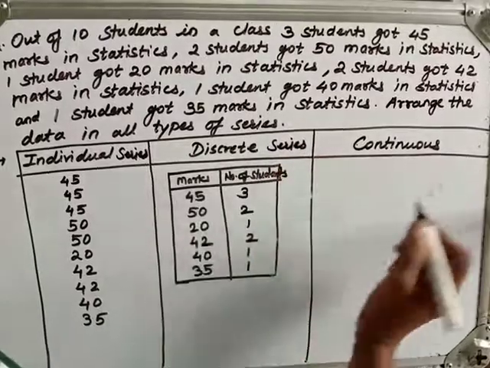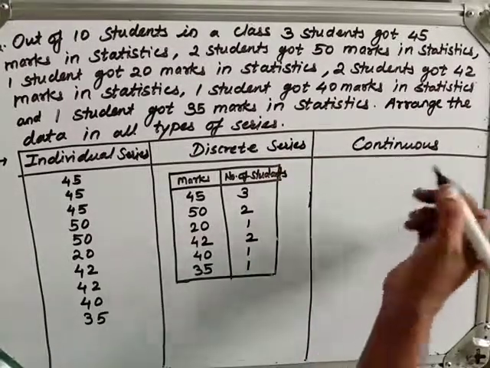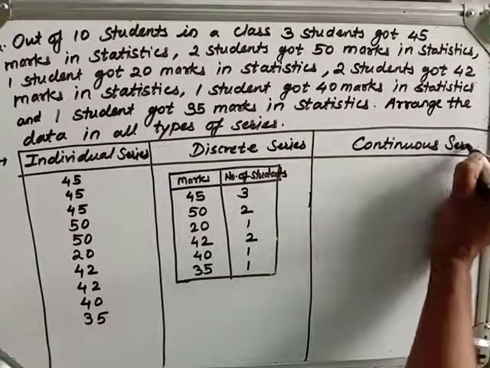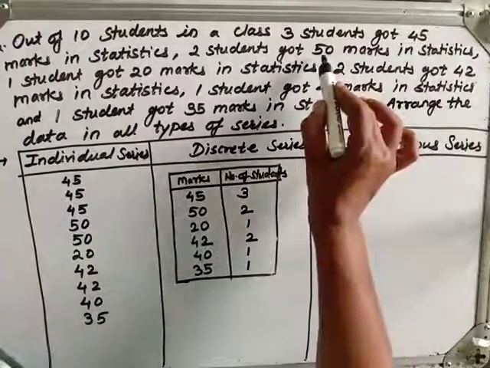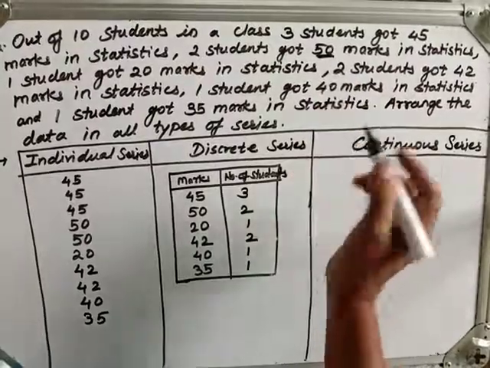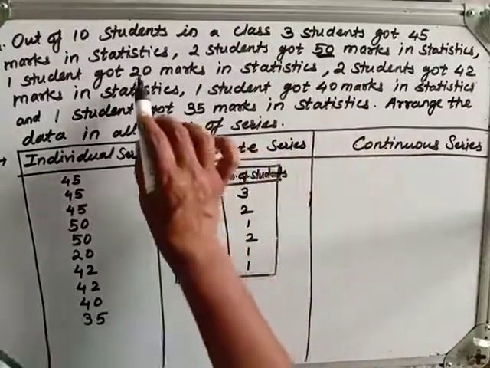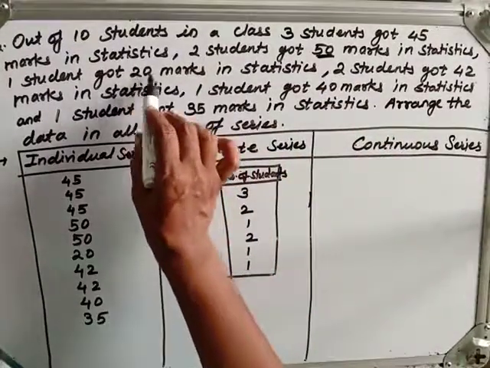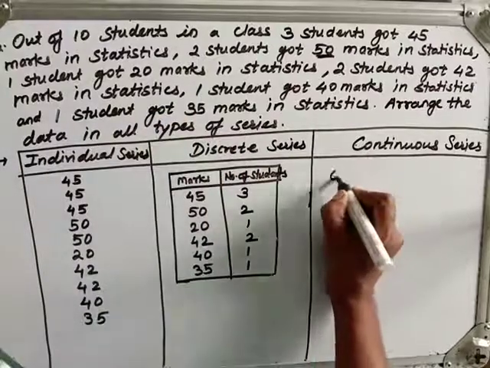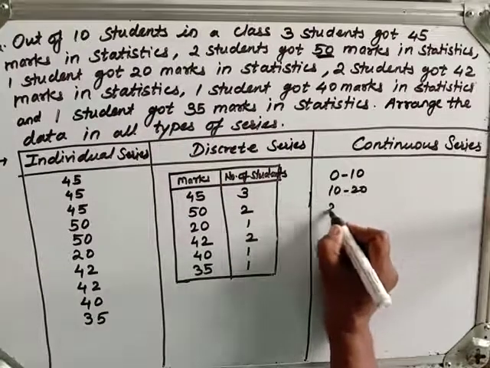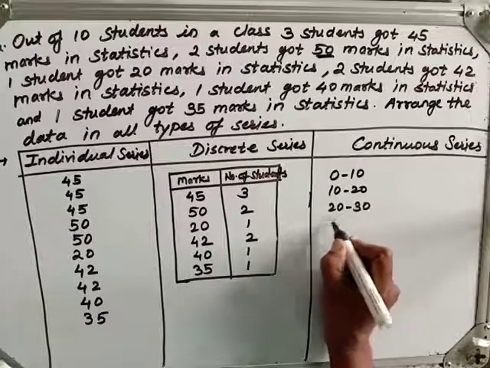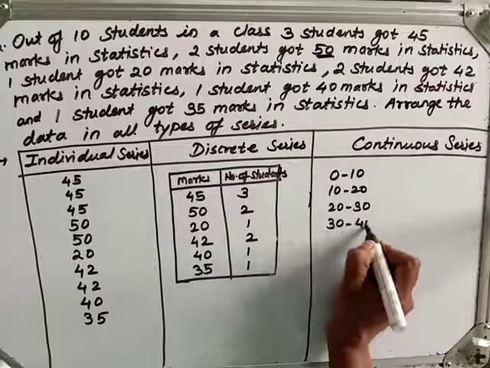Now in grouped data, that is known as a continuous series. Here the maximum marks are 50 and the minimum is 20. So the classes can be 0 to 10, 10 to 20, 20 to 30, 30 to 40, and 40 to 50.